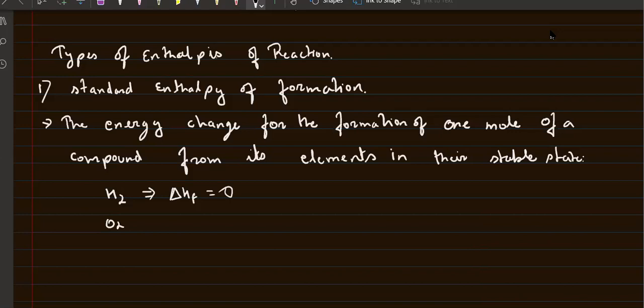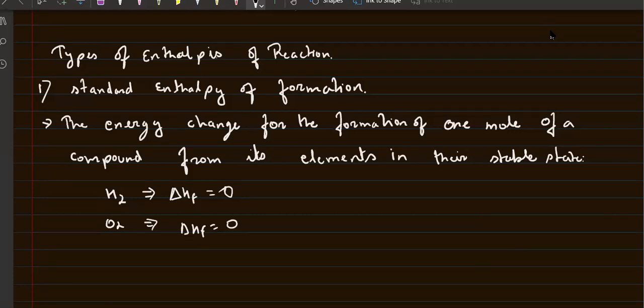It should be 0, because it naturally exists in that state. In the same way, for O2, delta H of O2 should be 0. Yes or no?